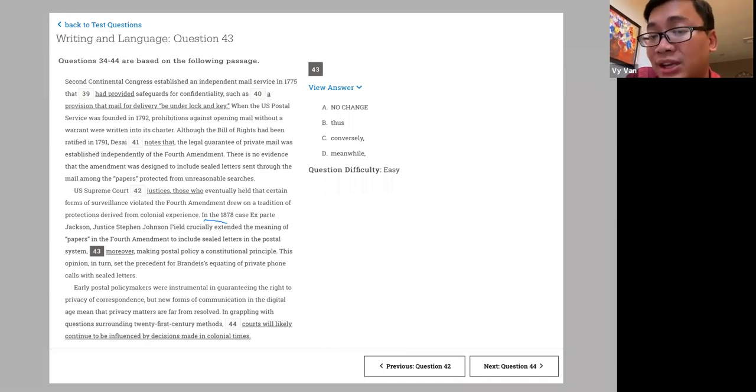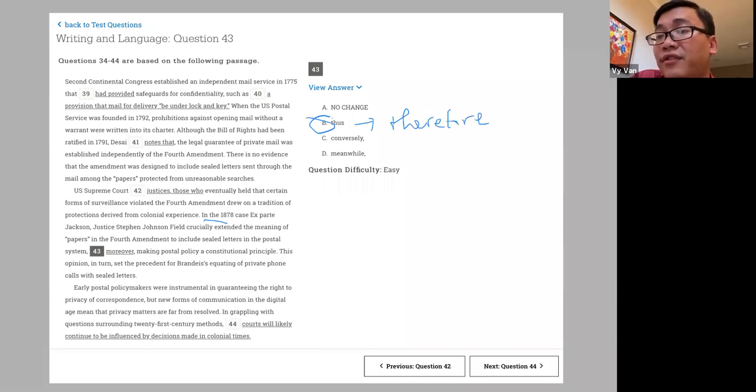Moreover means you want to add new ideas. This is not a new idea, okay? Including sealed letters, this is a cause and effect type of relationship between these two. So we want to choose thus, cause and effect. Thus means therefore, means hence. Conversely means you want to talk about something opposite. Meanwhile is a contrast type of relationship.